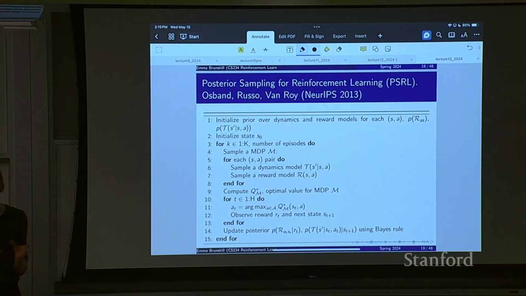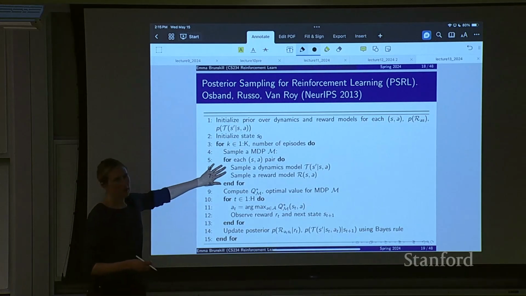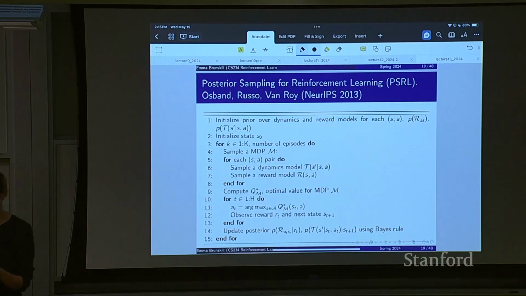So for the reward model, it can be very similar to what we saw last time, where you just update your counts. For the dynamics model, it may not be clear what you would do in that case. So what we would often do is we'd use a Dirichlet model.